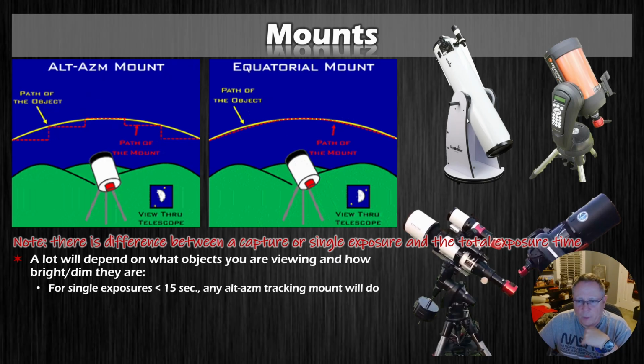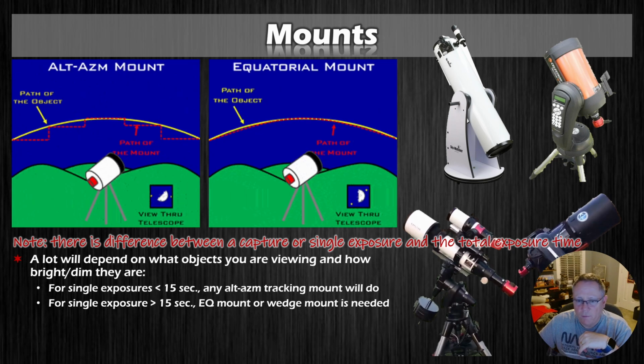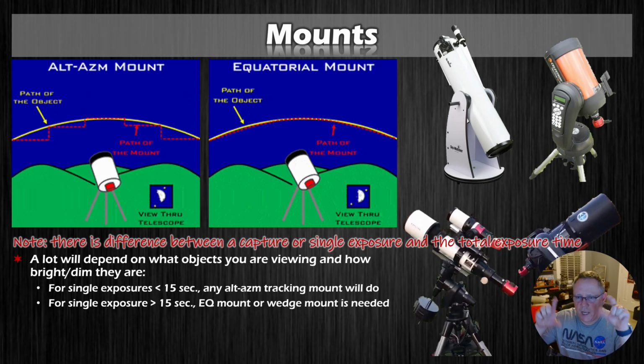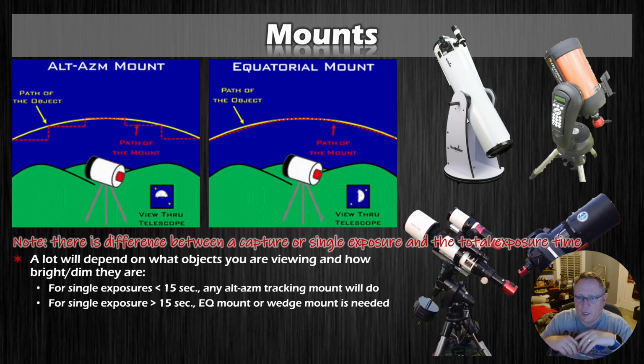Now, for single exposures less than 15 seconds, pretty much any alt-azimuth tracking mount is going to be fine. You won't notice that field rotation. However, if you go beyond 15 seconds, you will start to notice that your stars towards the edge of your view in the camera are going to start to streak because of that rotation.